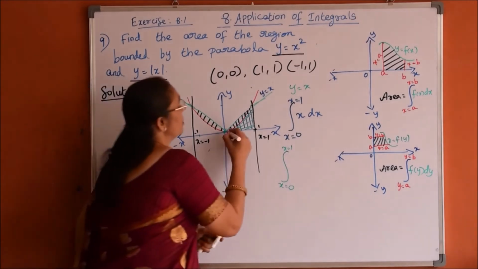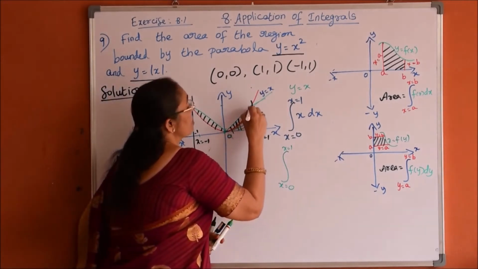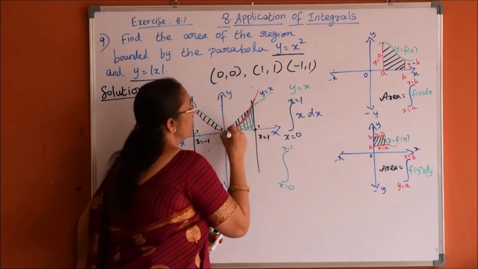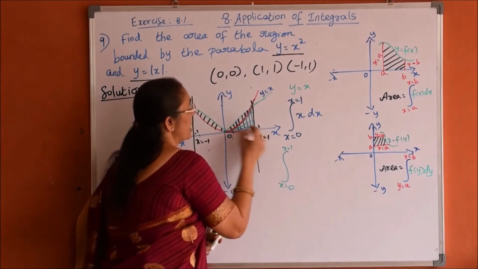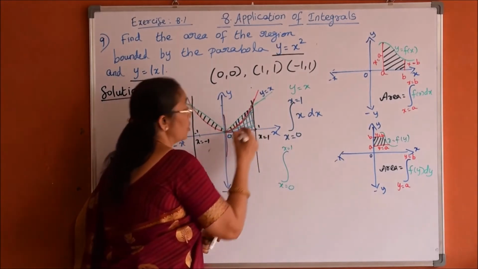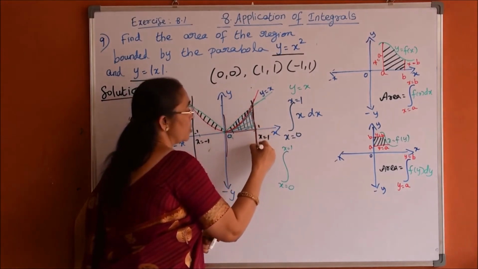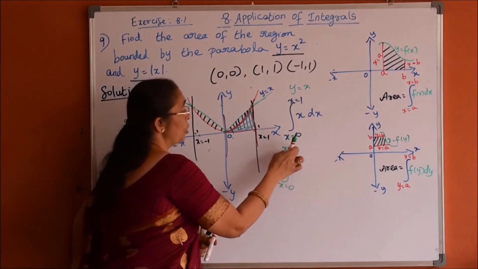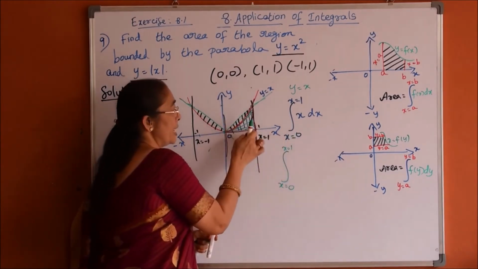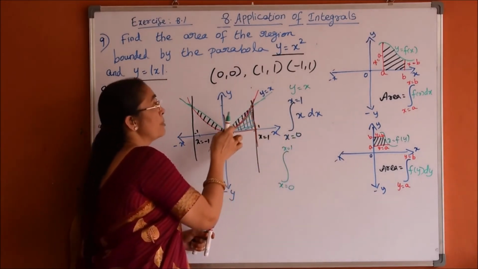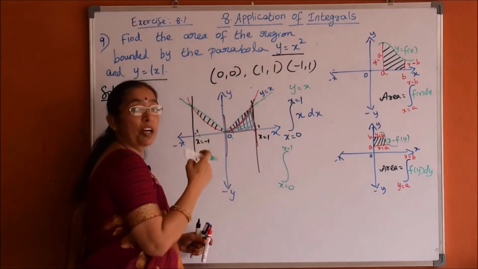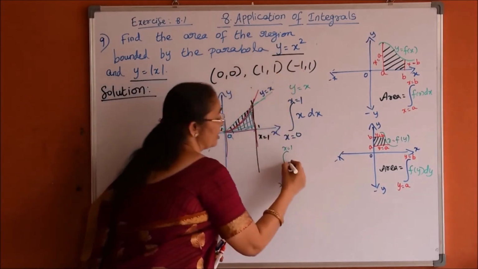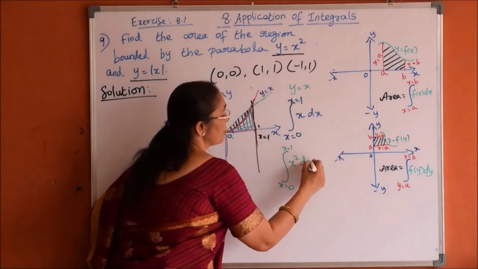Let me use this red color. This curve, x axis, the line x is equal to 0 and the line x is equal to 1. So when I write that function here, from x is equal to 0 to x is equal to 1 with the x axis, the curve is the parabola, the function y is equal to f of x, which is nothing but x square dx.